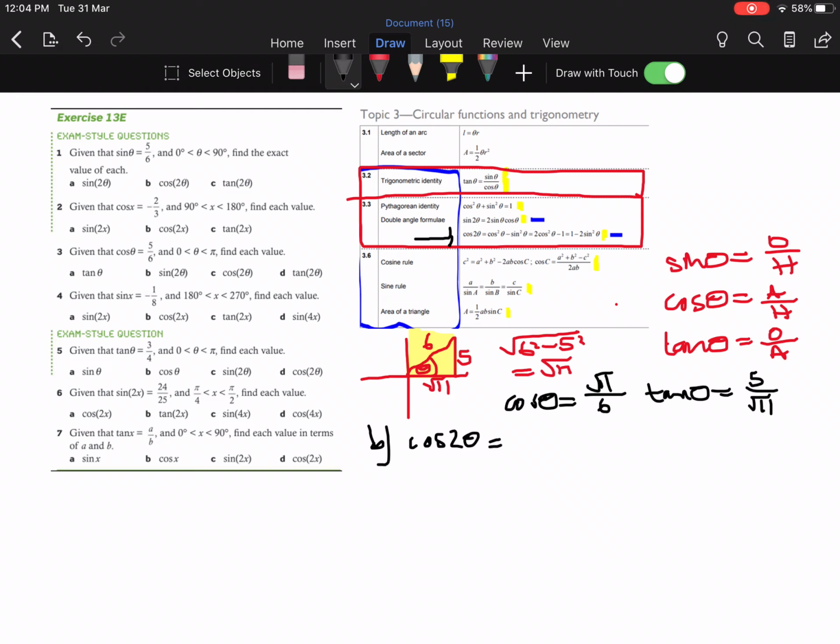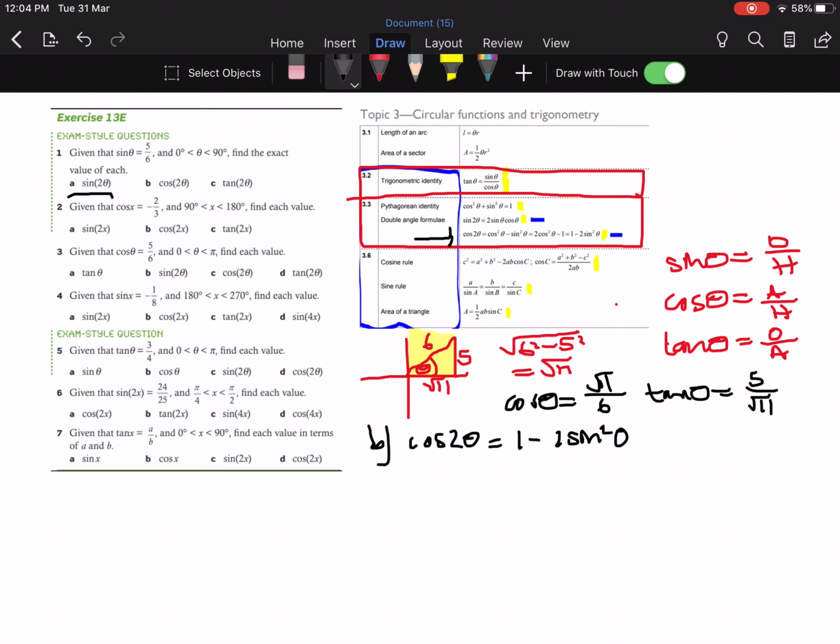You don't need to work out the other ones if you didn't want to, but because I'm starting from B, you would have already worked out what cos theta and sine theta are already. So you can use any. So I'm going to choose the last one, 1 minus 2 sine squared theta.